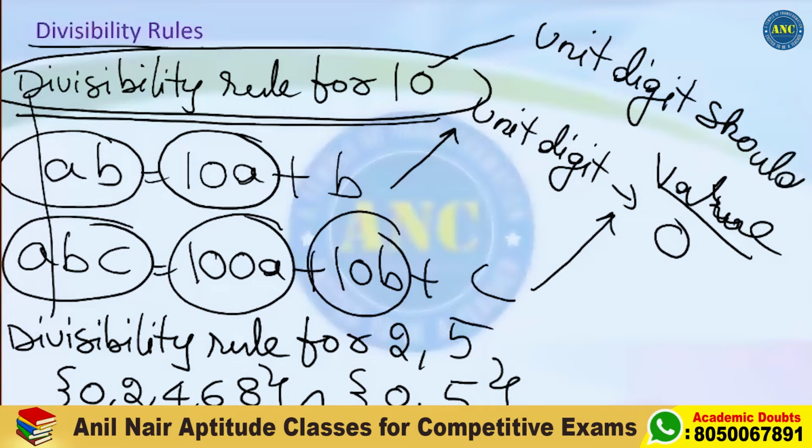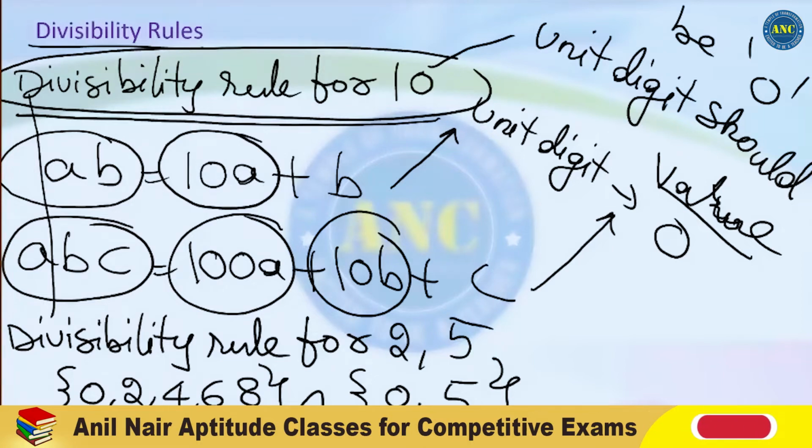Everything we will do by using proofs. The divisibility rule for 2 is that the unit digit should take an even value. Even values, because it's a digit, will be 0, 2, 4, 6 or 8. The divisibility rule for 5 is that the unit digit should be either 0 or 5.